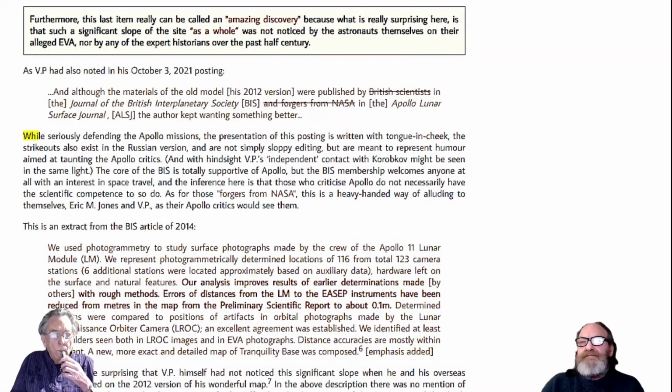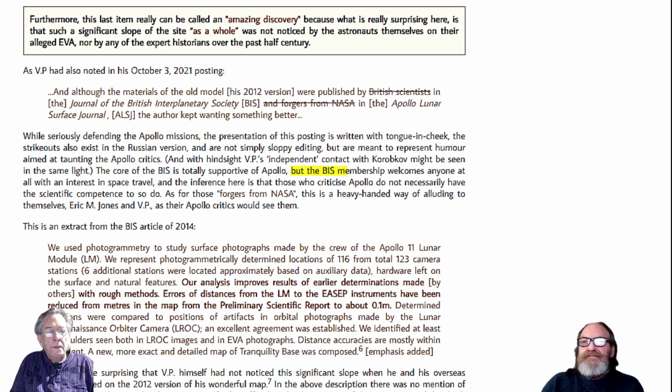And Mary Bennett, being a good writer, she wrote the book Dark Moon, as well as several other books David has worked with as well. This is interesting. While seriously defending the Apollo missions, the presentation of this posting is written with a tongue-in-cheek. The strikeouts also exist in the Russian version and are not simply sloppy editing, but are meant to represent humor aimed at taunting the Apollo critics.